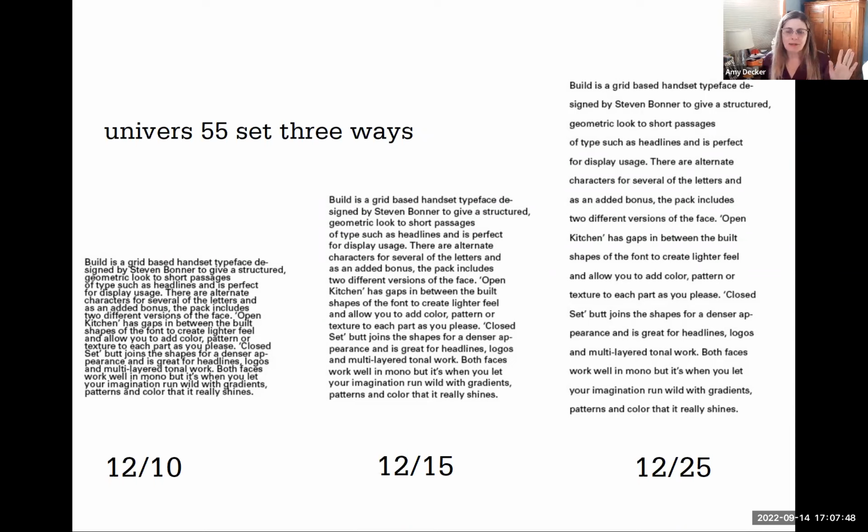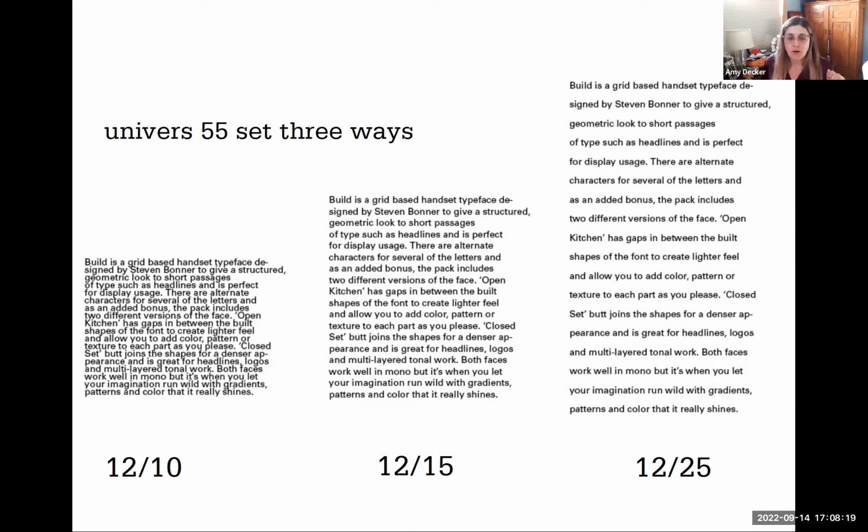It doesn't mean it's always going to be this way, but I would always start with 3 points more than your point size. So if you're 12 points, start at 15. Now, the X height is going to determine, it might be 2 points if it's a low X height, and if it's a high X height, you might need 4 points. But 3 points is always that happy place to start. So the best rule of thumb is to say my point size plus 3 points is the leading.